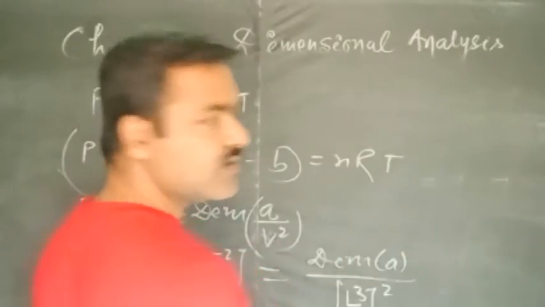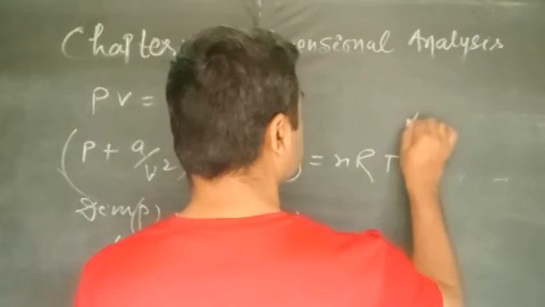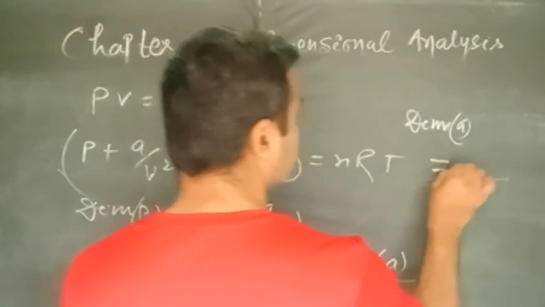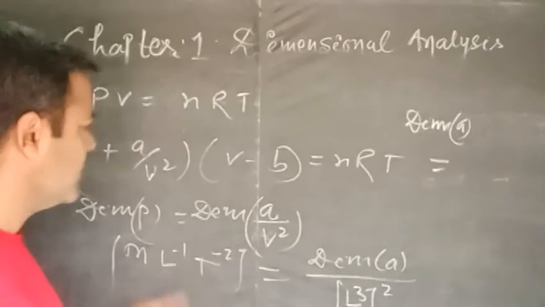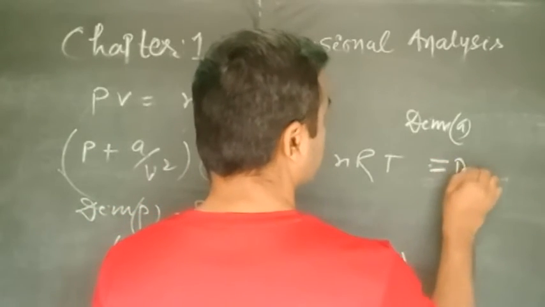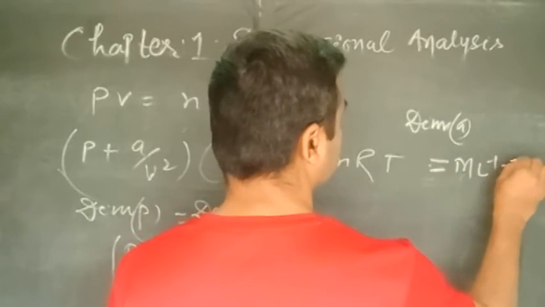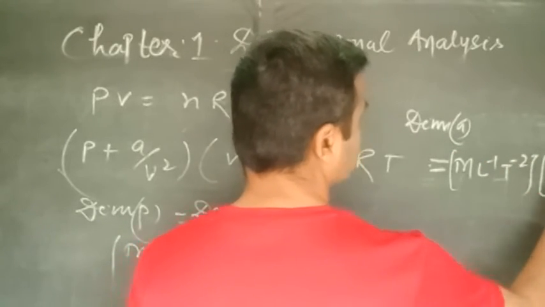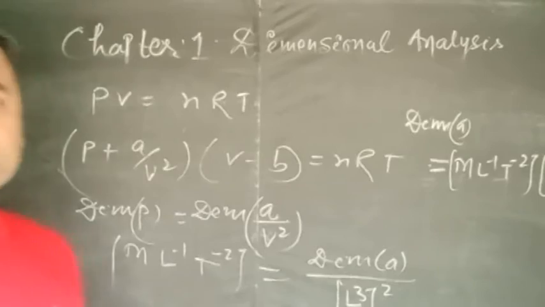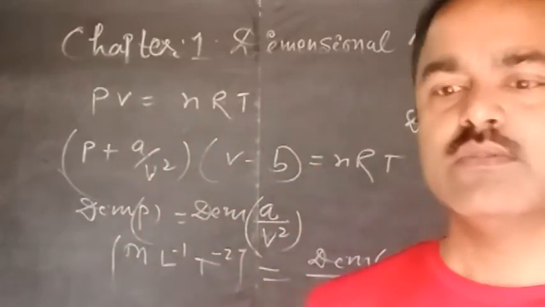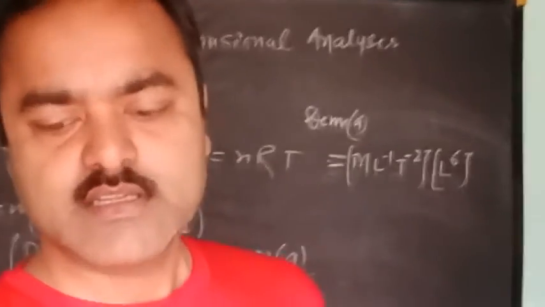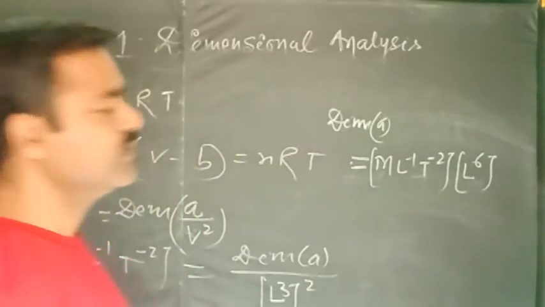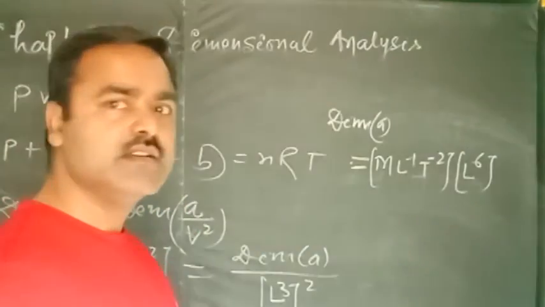The dimensional formula of A, we will get ML minus 1 T minus 2 into L to the power 6.